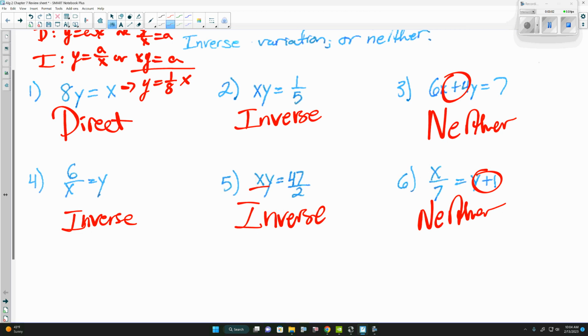In any of these here, we're trying to match it up with one of the two forms that we have. Neither. Yep. Addition or subtraction is going to be neither, with direct and inverse variation. Any questions on these here?